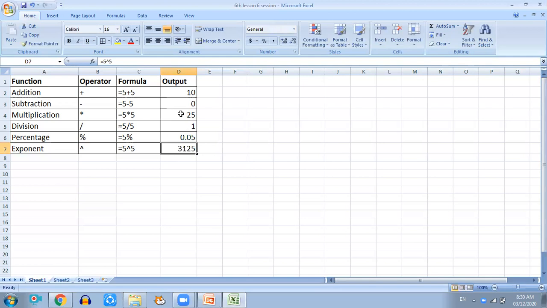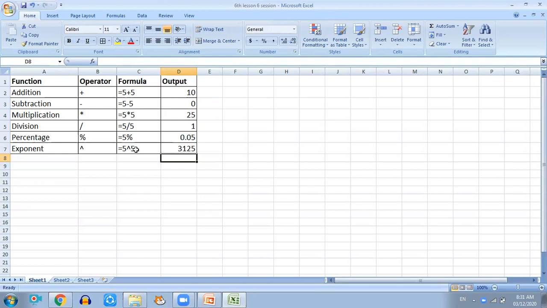Next is the function for the exponent: 5 power 5 is equal to 3125. I hope you understood. Suppose you want to calculate squares, you can do that, you can also do square root, and you can do many things with the help of this.